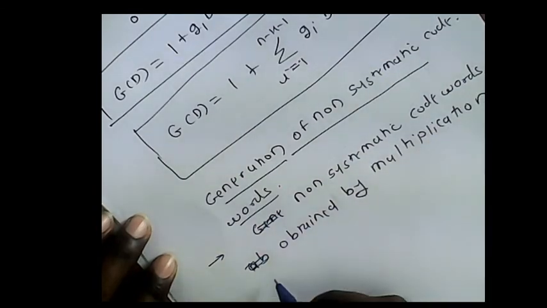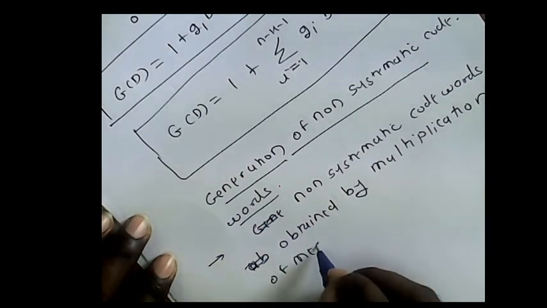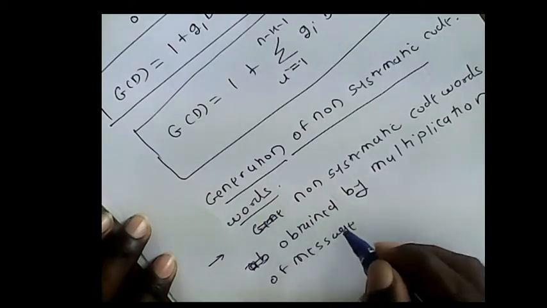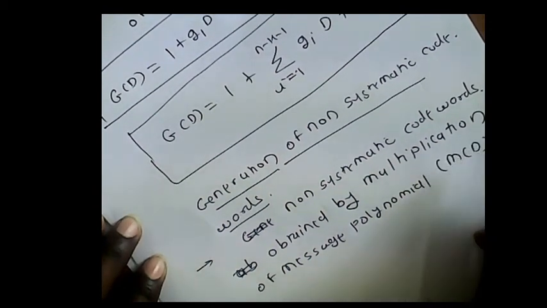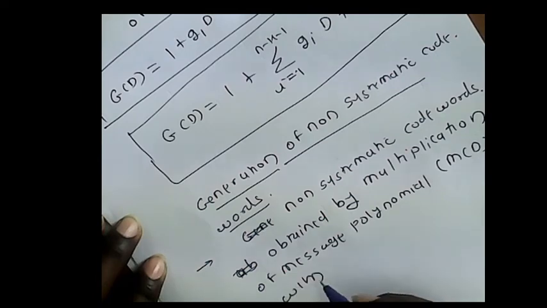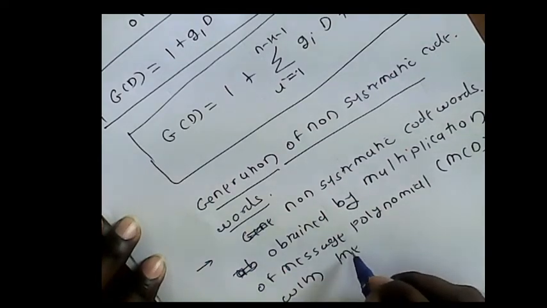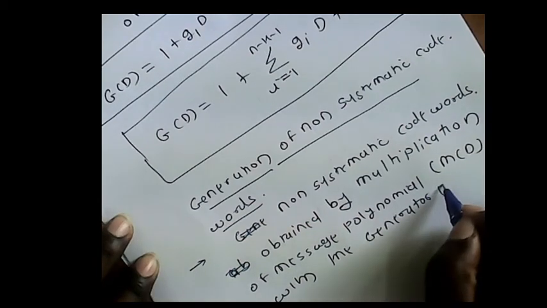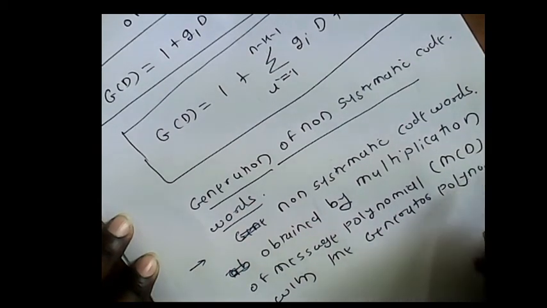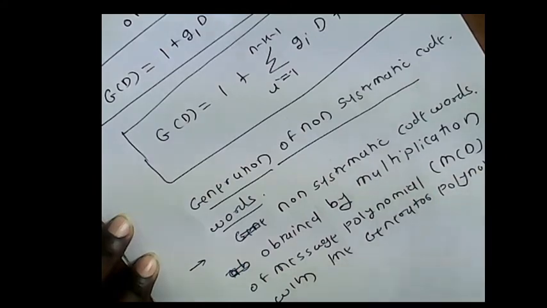This can be obtained by multiplication of the message polynomial, that is m of d, with the generator polynomial.